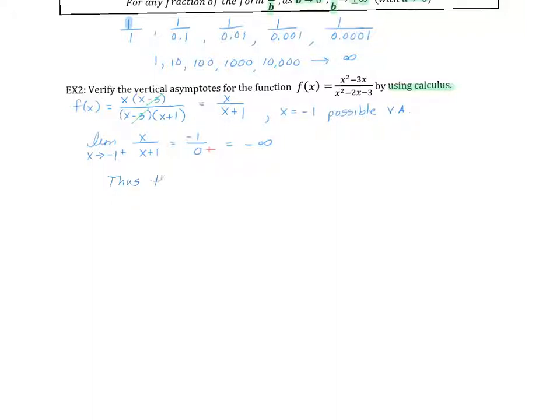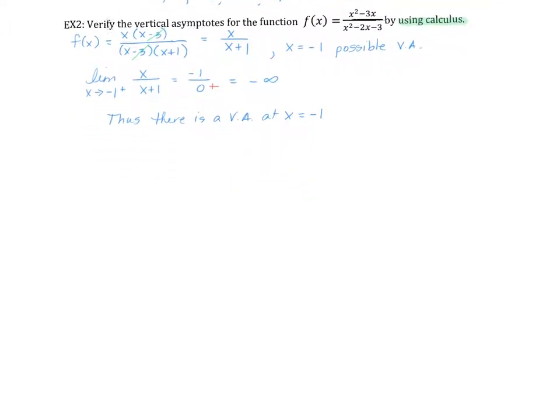There is a vertical asymptote at x equal to -1. And that's it. Use algebra to find possible vertical asymptotes. Use calculus to verify the vertical asymptotes.